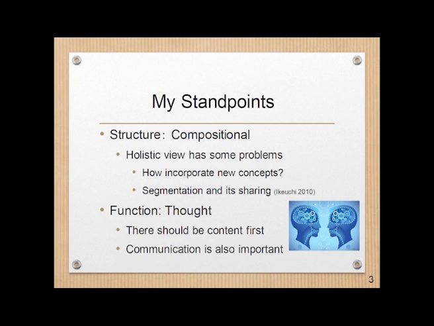One is that the holistic view cannot clearly reveal the difference between protolanguage and other animal communications, because according to the holistic view, protolanguage had a limited number of holistic expressions associated with frequent and shared situations. But animal communications also have such holistic expressions associated with frequent and shared situations.